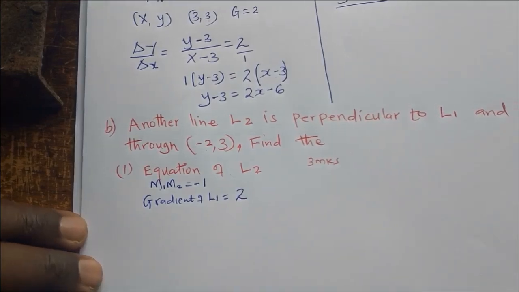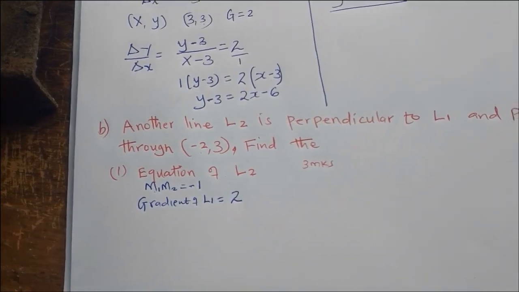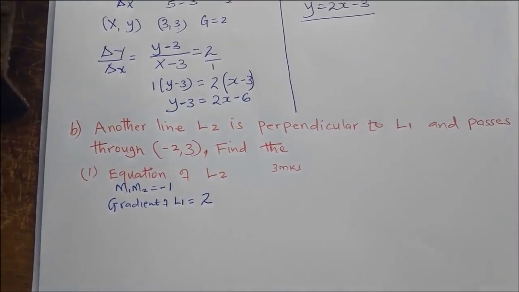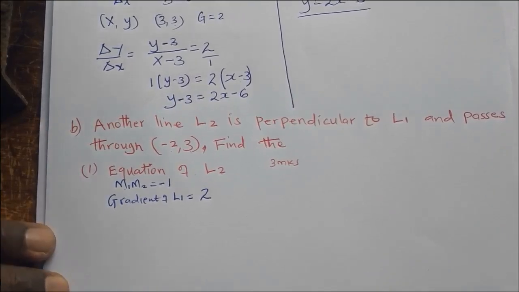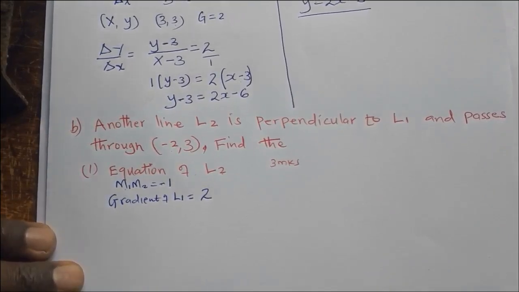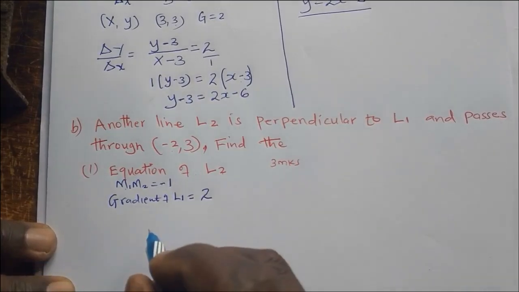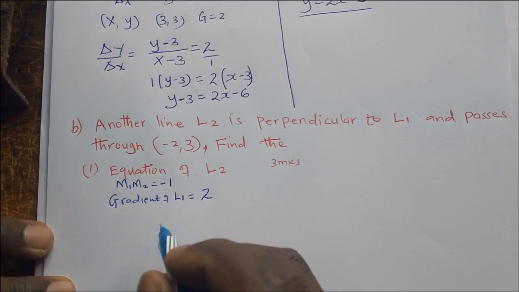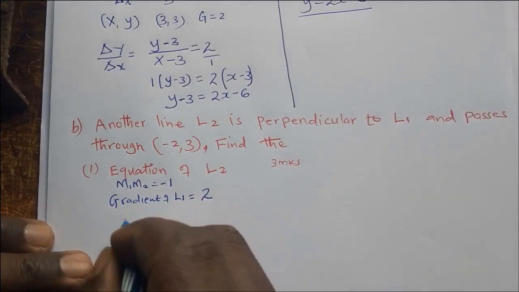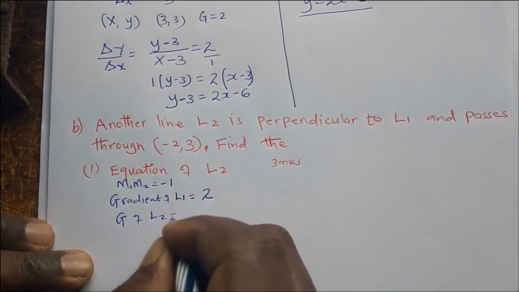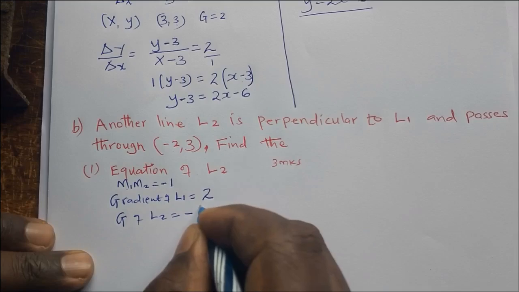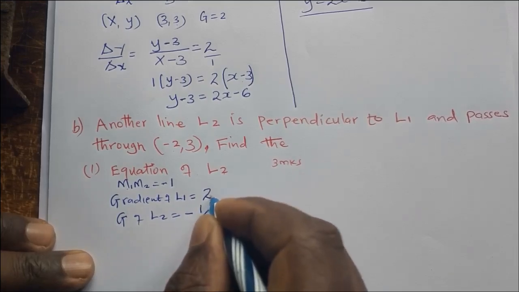If they are perpendicular, you should also remember that the gradient of the other line is the reciprocal of the other, and the sign, if the first one is negative, the second one will be positive, and if the first one is positive, the other one will be negative. So the gradient of L2 will be equal to negative 1 over 2, the reciprocal of the first one.